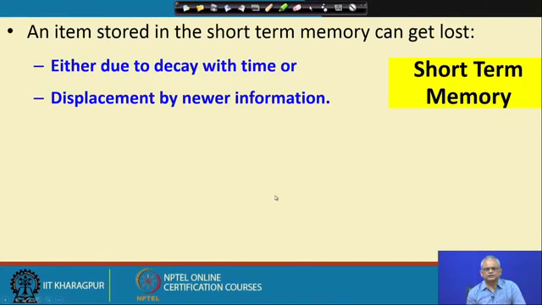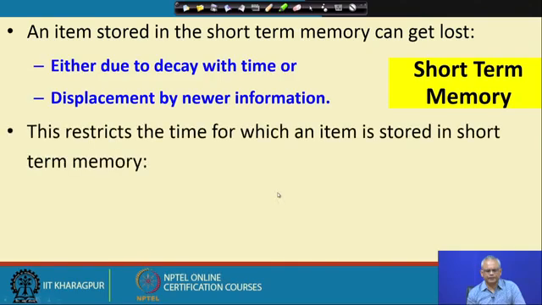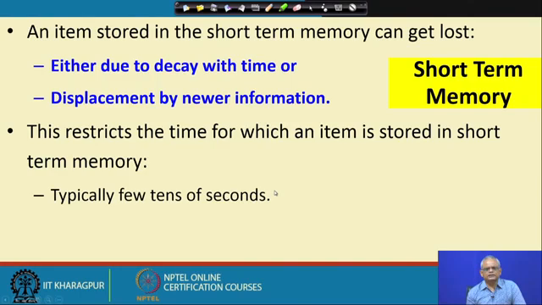It gets lost from the short term memory because there is too much new information that has come into the short term memory, or that it just plain decays with time. But the main thing is that it stays for a very short time, and depending on whether there is a lot of new information coming, the time duration can be even very short. It can be typically tens of seconds.